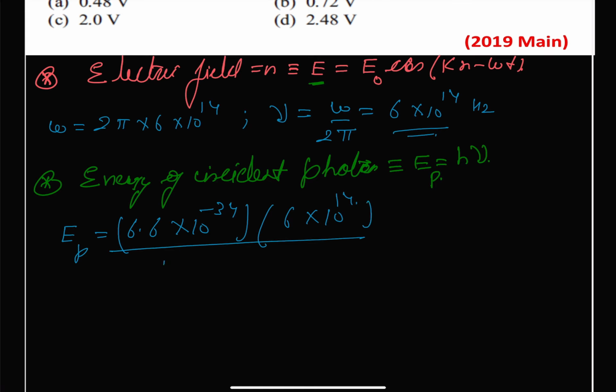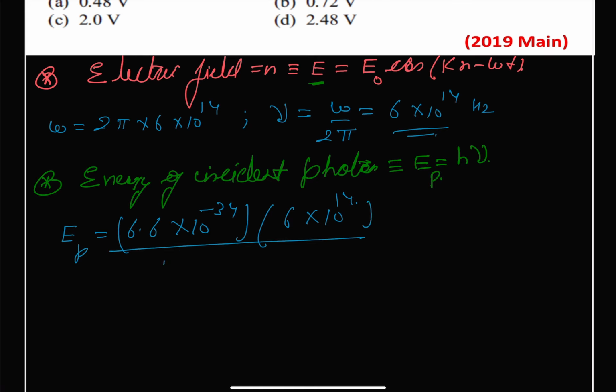And we need to find out the stopping potential. Work function is given to us, so we can write our photoelectric equation, which gives us that energy of the photon is equal to phi plus e times the stopping potential V naught.